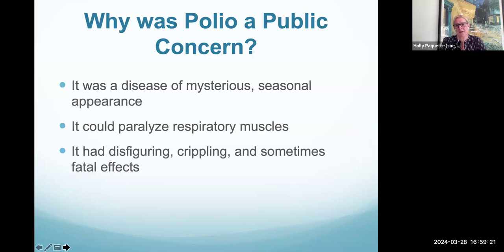It also had disfiguring and crippling effects. So we see with post-poliomyelitis, lots of people have one limb that's smaller, maybe a limp. We'll talk about that. And sometimes it had fatal effects. Obviously, if you had those paralyzed respiratory muscles and no way to treat it, people didn't survive that.